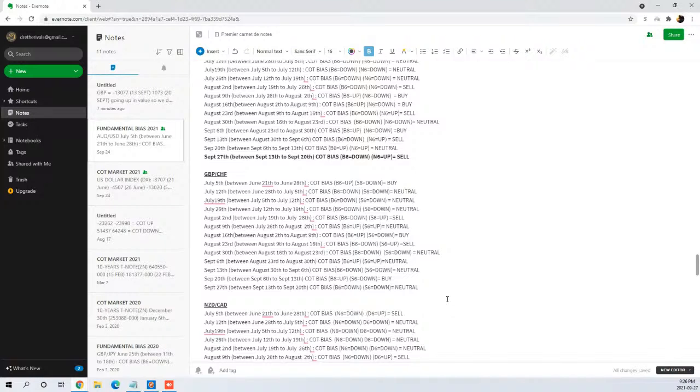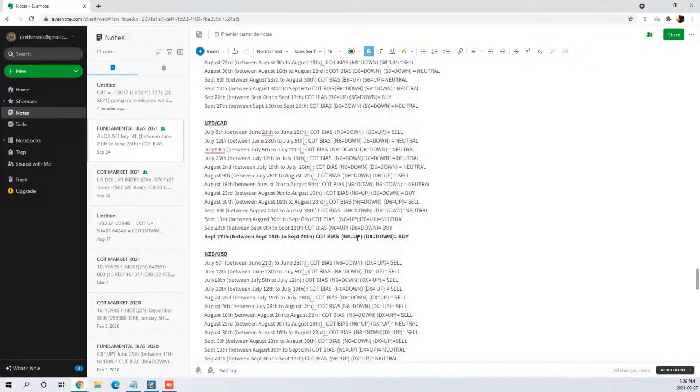NZD CAD, we have it as a buy because the New Zealand dollar is going up for the week. And since it's on the left side of the currency pair, this is the dominant currency for that pair. Since it's going up and the CAD is going down, we're going to buy.